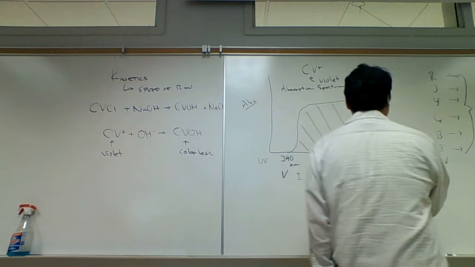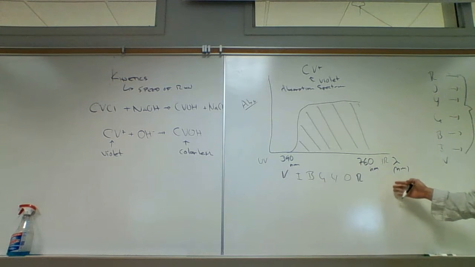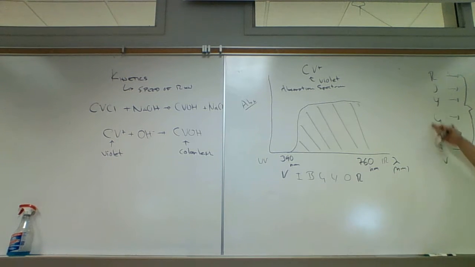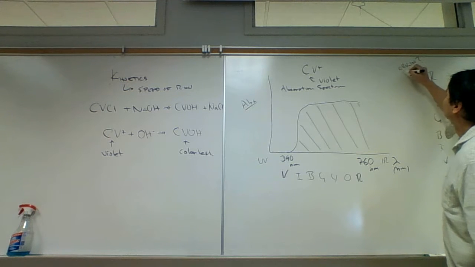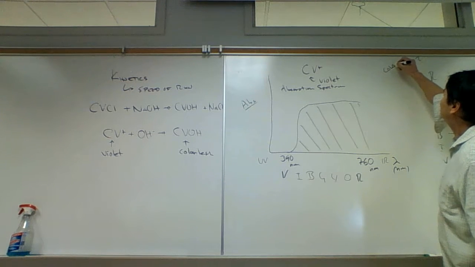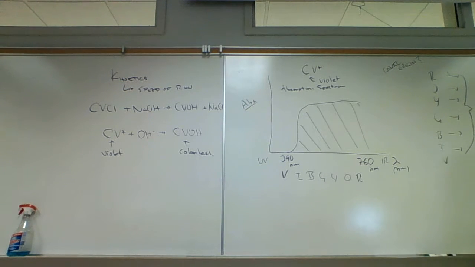So this is a possibility. Crystal violet might be violet because it's absorbing all these colors and transmitting violet. But is that the only way something could appear violet? And so this is the origin. What is the origin of the color? Well, this is one possibility.